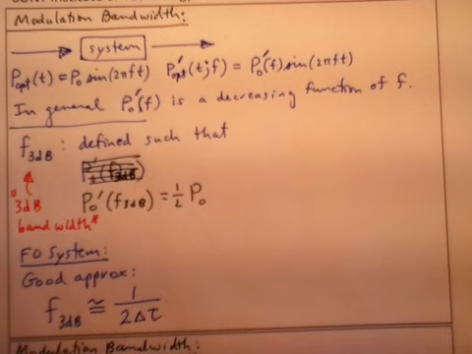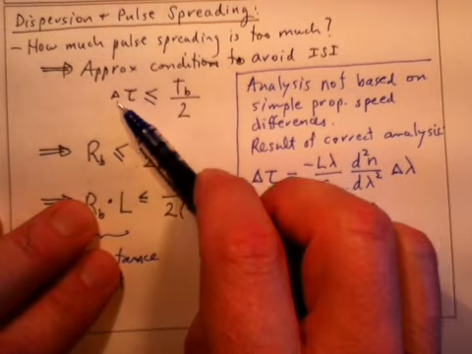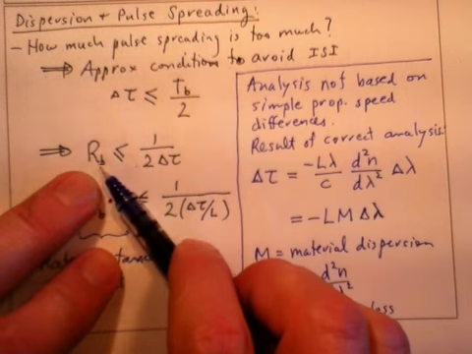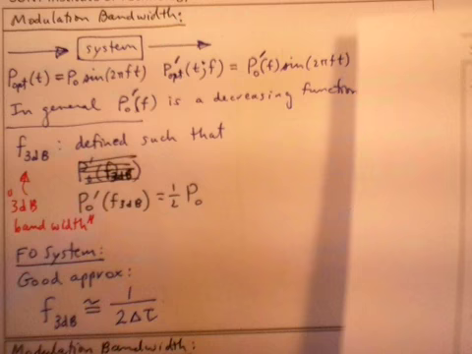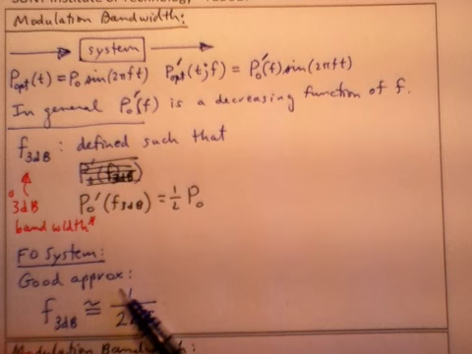That is exactly the relationship we used when we said that with pulse spreading, we want the pulse spreading to be less than half of a bit period, and that gave us a maximum data rate of 1/2 delta tau. And so the frequency and the data rate have the same units, and this is a familiar relationship. So this 3 dB bandwidth and our maximum data rate are two ways of characterizing our fiber optic system.